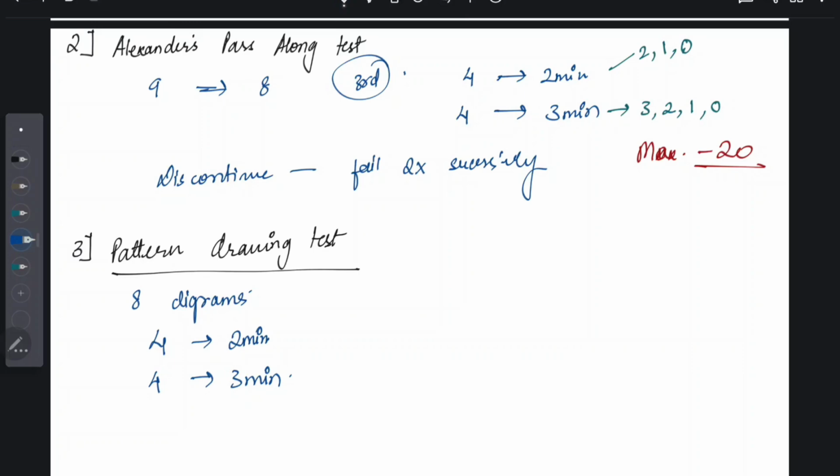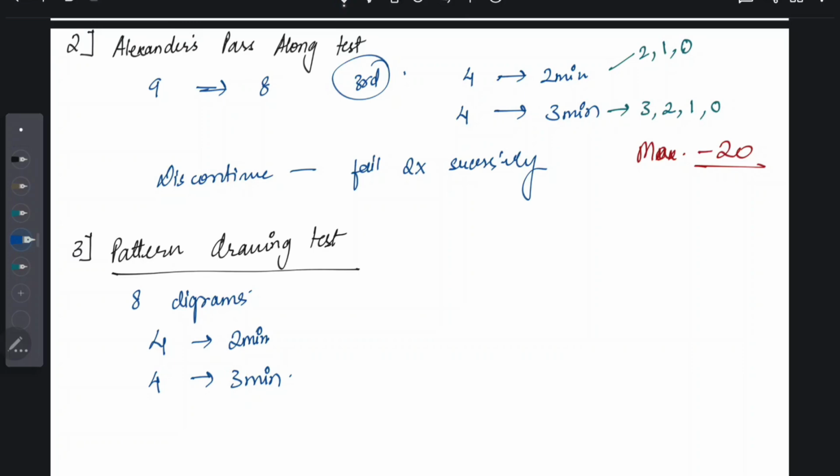So you tell them that they have to recreate or redraw the figure on the sheet of paper that is given to them. However, they are not supposed to redraw on the line that they have already made. They're not supposed to repeat. They are not supposed to lift the pencil off the paper while drawing once they start drawing the figure.